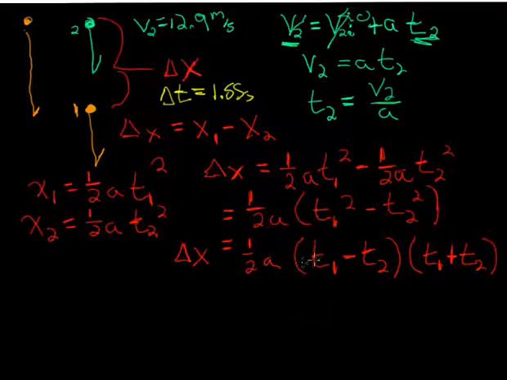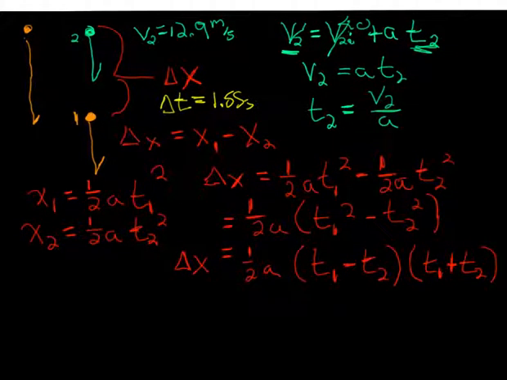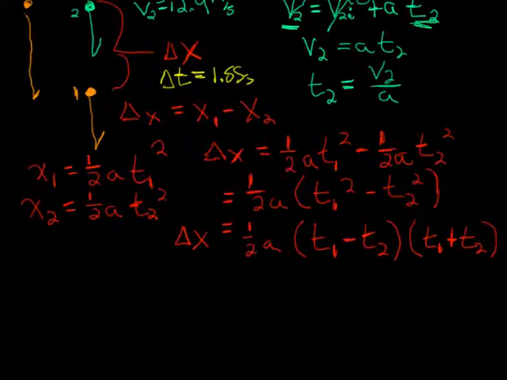But what we don't know is the time they fell. We just know the difference between the times T1 and T2. So we know a delta T of 1.55.